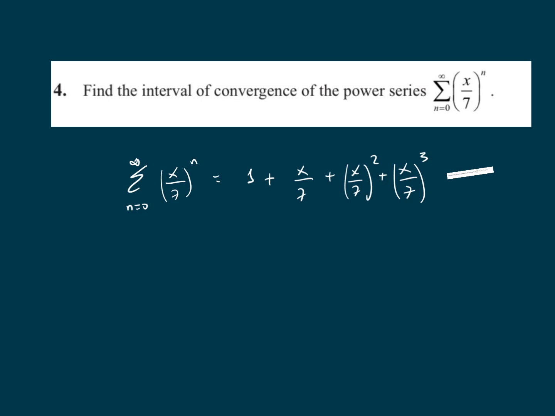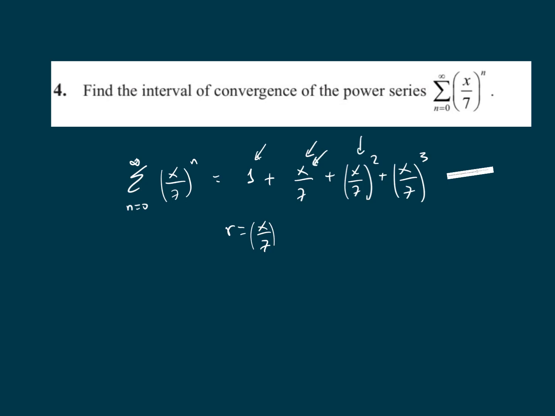What is that? This is a geometric series. The r is x divided by 7. This is the r that you have to multiply the previous term of the series by to obtain the new one. If you multiply this term by x divided by 7, you will obtain the next term.